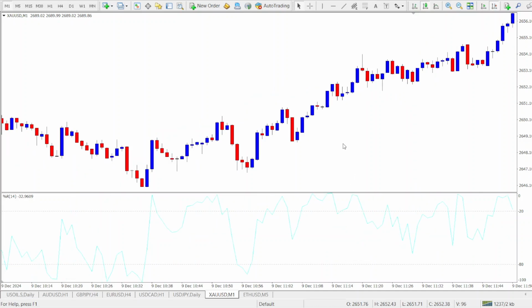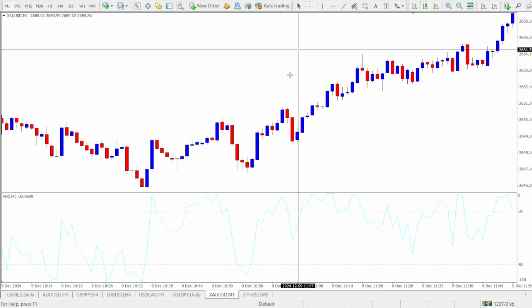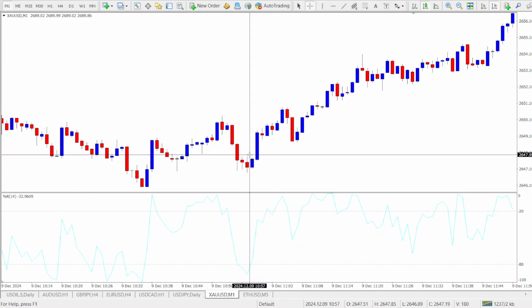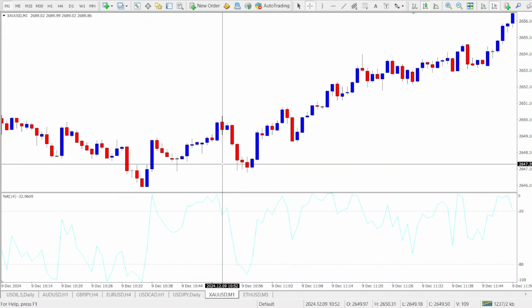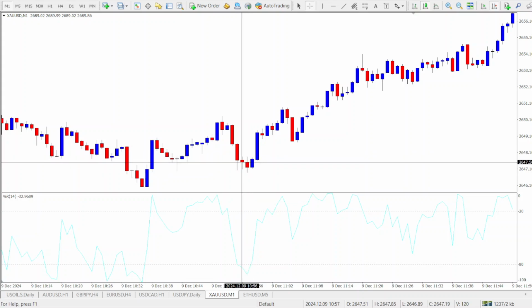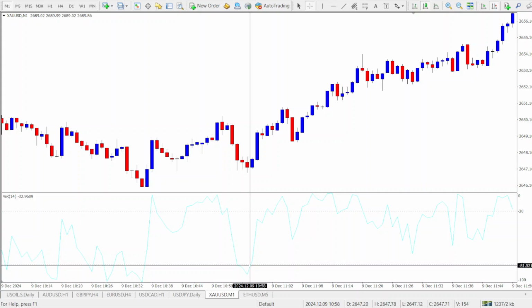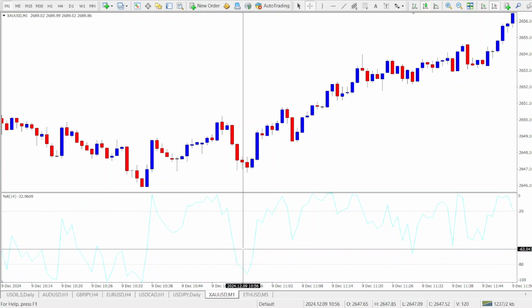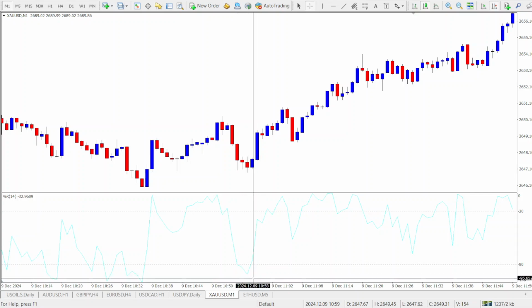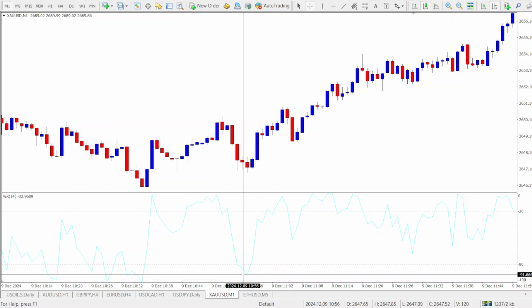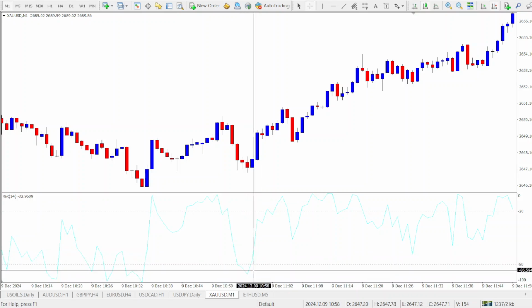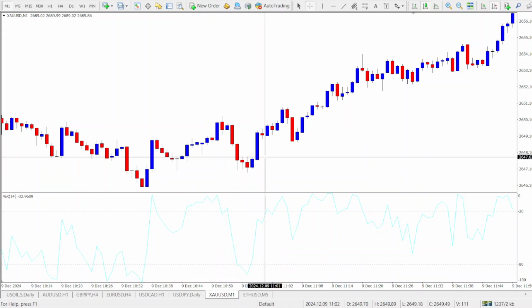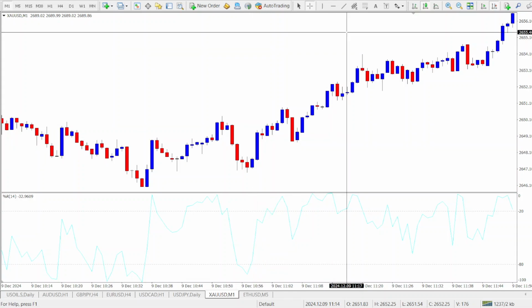Now let us look at a very quick example. We can see that around this time, the price dropped to this point, coinciding with the Williams percentage range getting into the oversold territory. And you can see that just shortly afterwards, when the Williams percentage range climbed above the -80 level, we had a reversal to the upside.